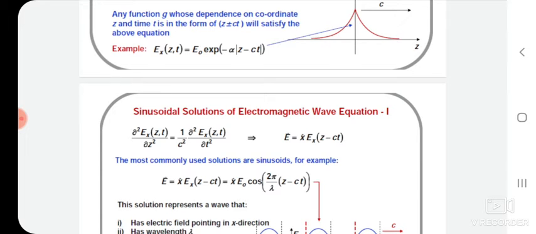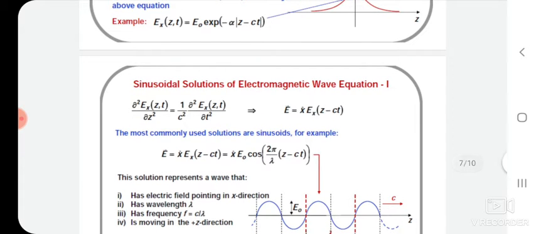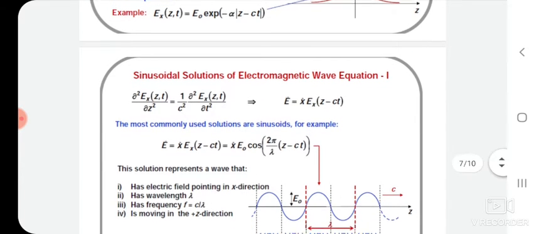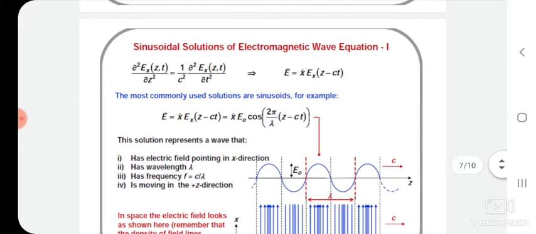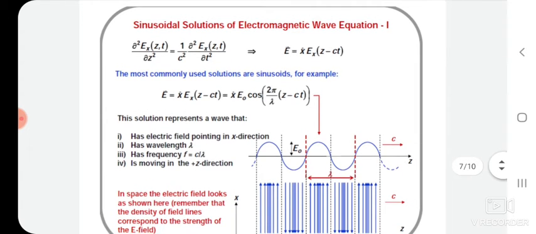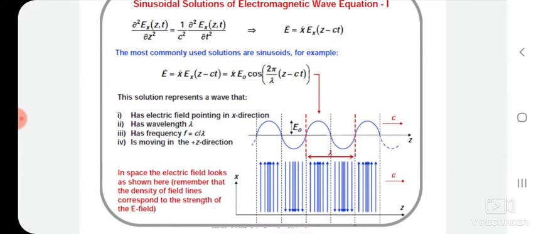This solution represents a wave that has electric field pointing along the x direction, having wavelength lambda with a frequency equal to c by lambda, and that wave is moving in the z direction. It lies along the x direction, but it moves along the z direction because it is an electromagnetic wave in which vibration is perpendicular to the direction of propagation, with a velocity equal to the velocity of light.